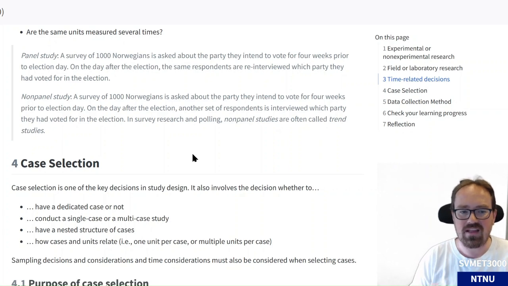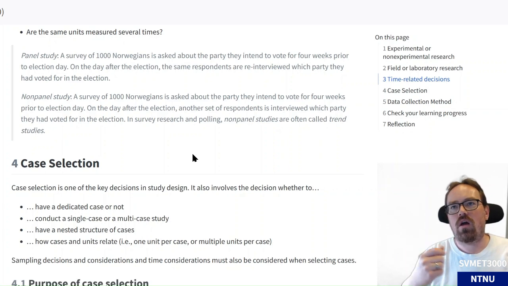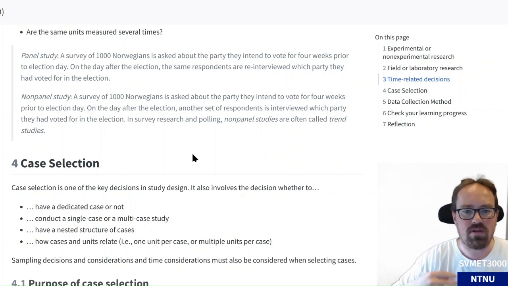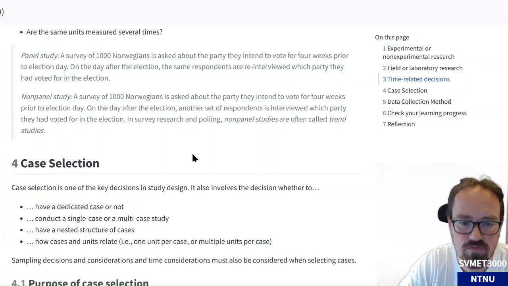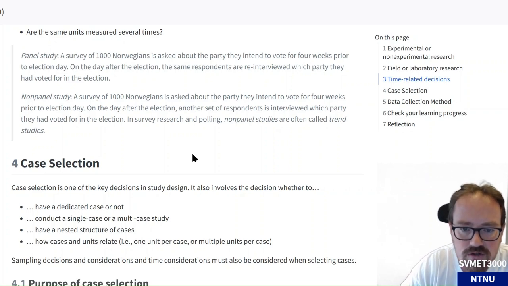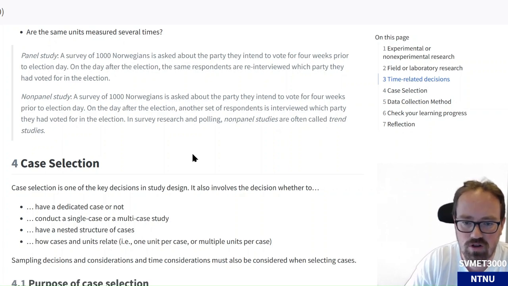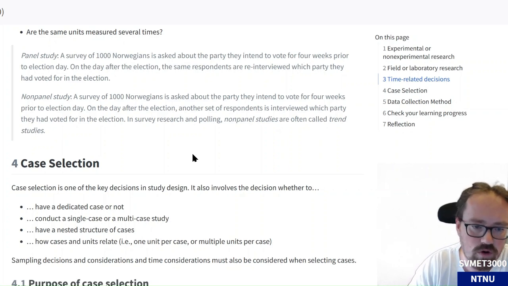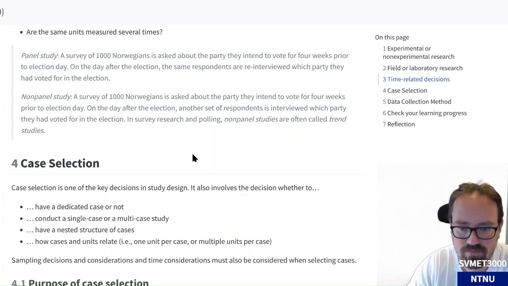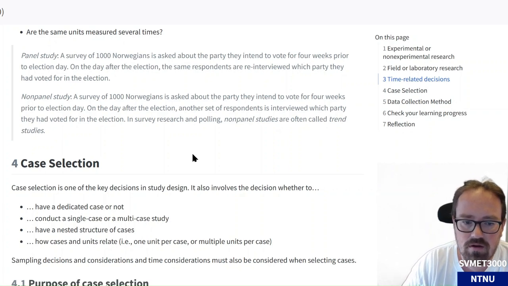Then we can see voter travel in the aggregate, so how many more people now support this party than before, but we don't see for the individual the change that happened. And therefore this is much weaker evidence when we want to go for causal analysis of change or non-change.